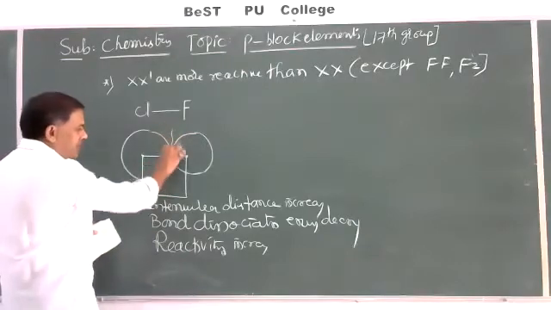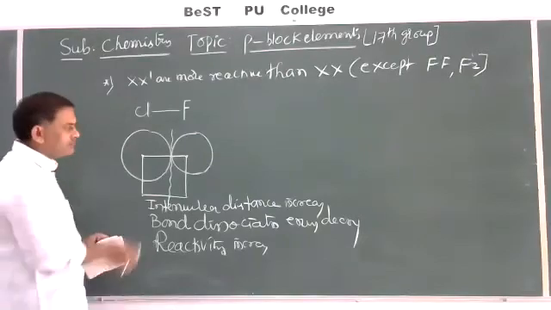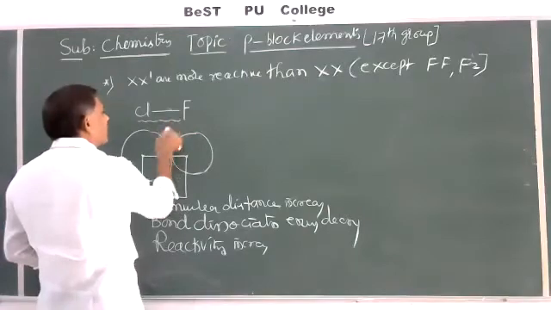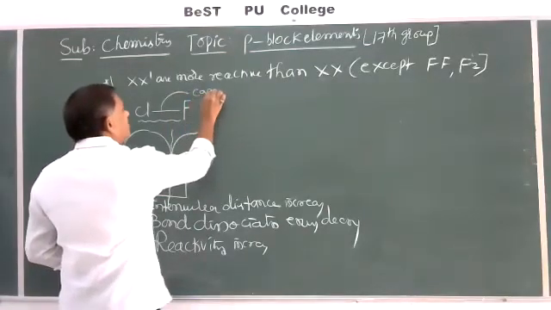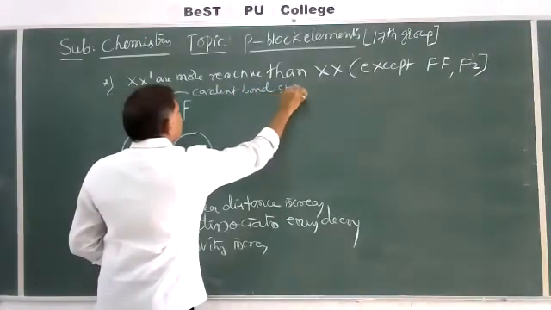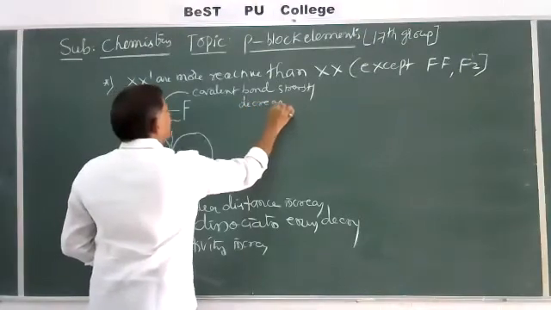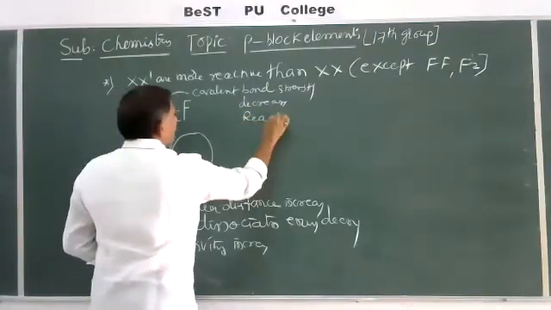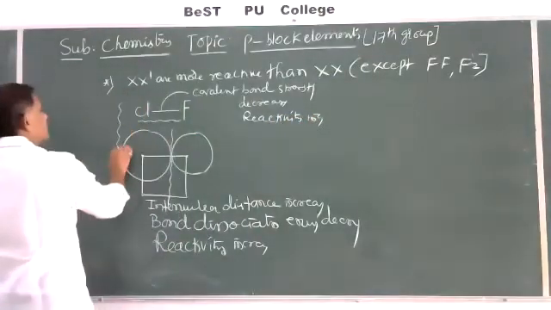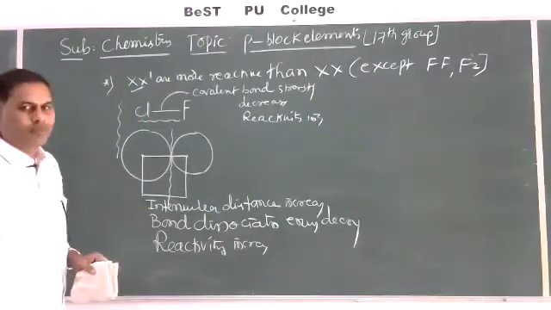They are ready to cleave and ready to participate in a chemical reaction. Whereas in this case, the covalent bond strength decreases, so reactivity increases. So due to these reasons, interhalogen compounds are more reactive than the normal halogens.